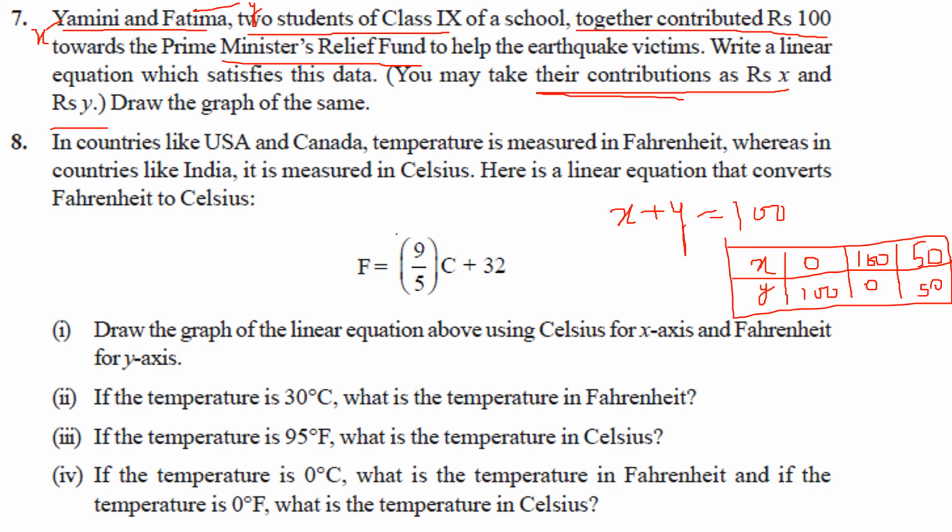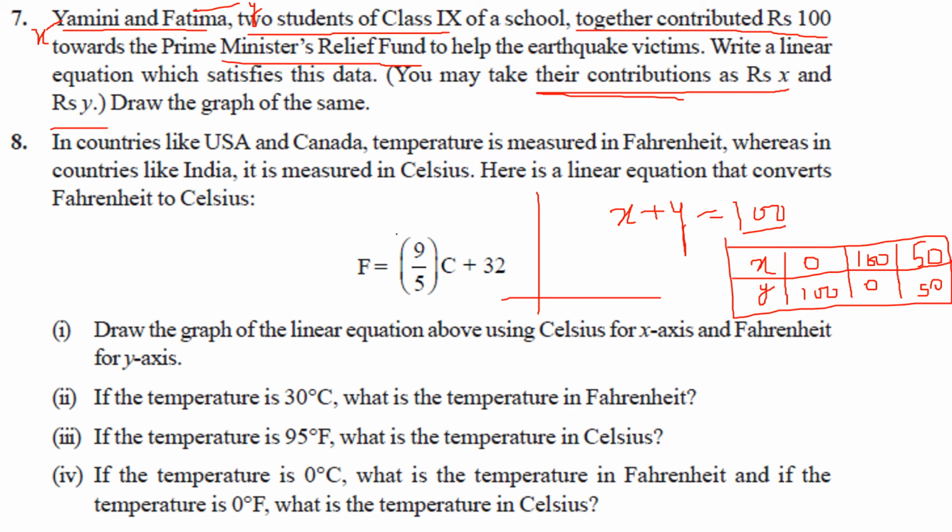Now this time, taking the scale as 1 centimeter will be difficult for you, because if you take 1 centimeter, you have to draw 100 centimeters. The best is this time take scale as 1 unit equal to 10 centimeters.